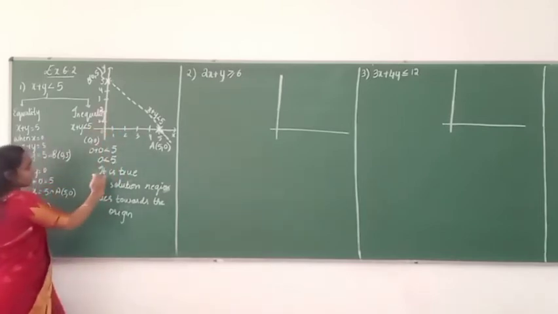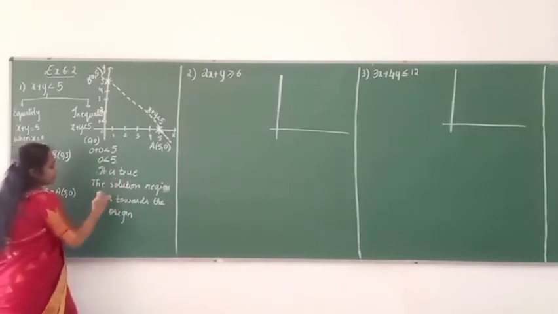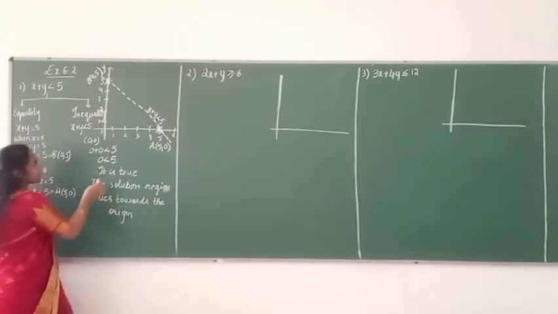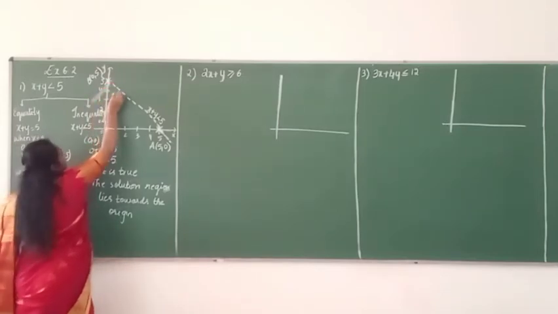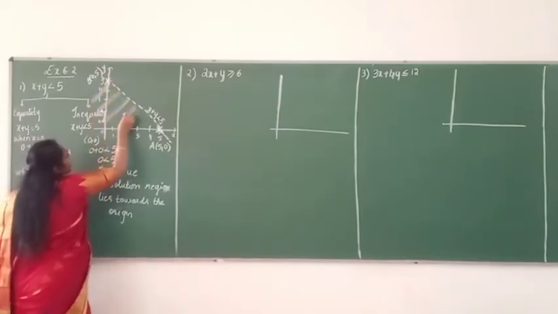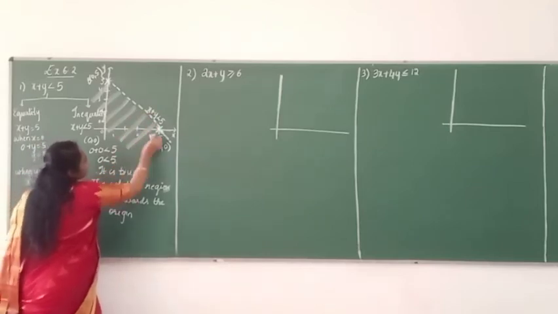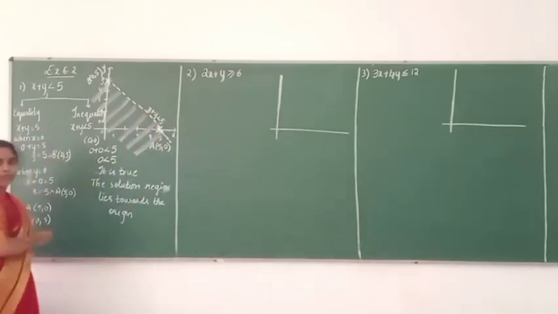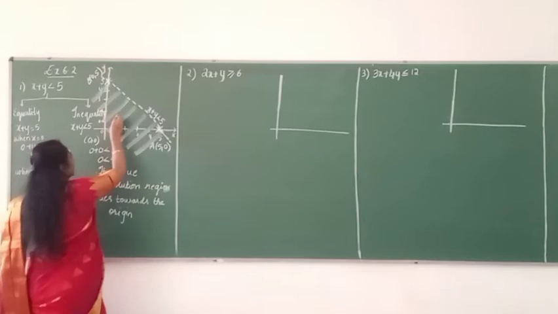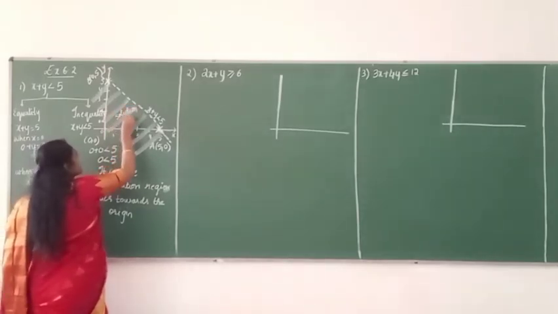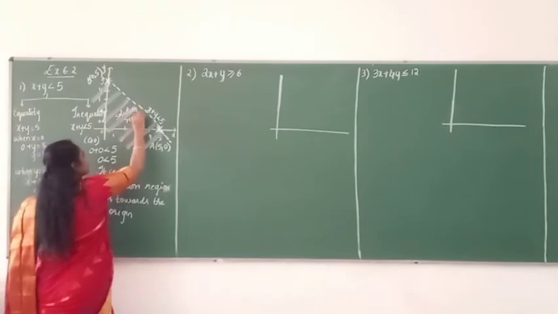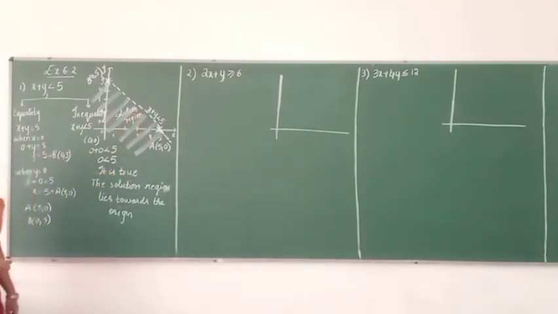Now, as it is true, the solution region lies towards the origin. As I said previously when I was solving the solid example, you can just shade this side like this. Either you can draw a line or you can shade it; it is one and the same. So here I am writing solution region. Hope it is clear for you all.